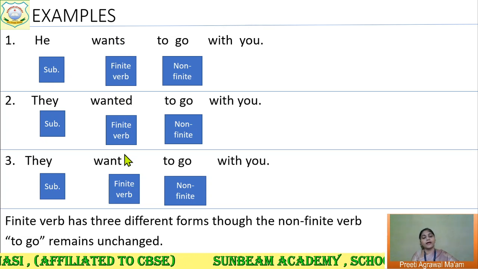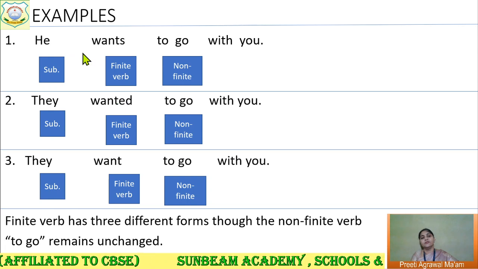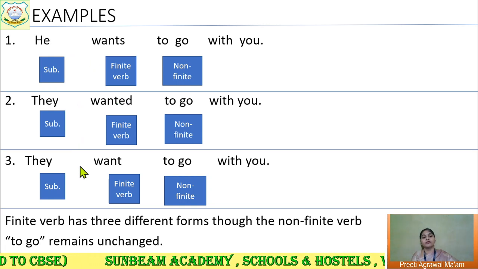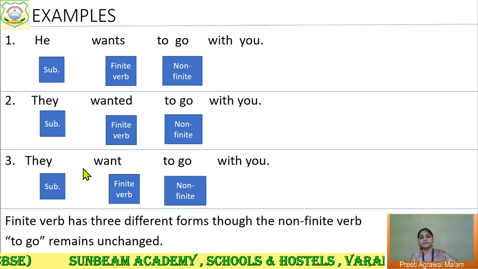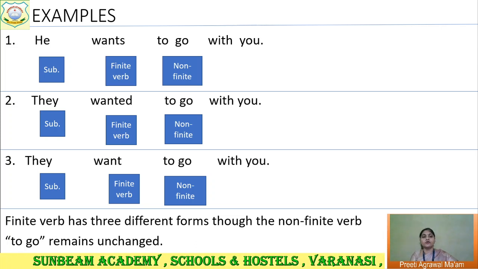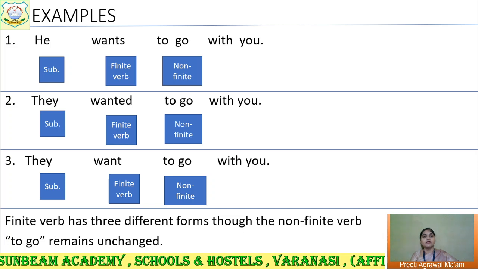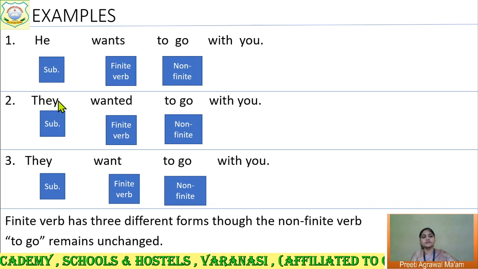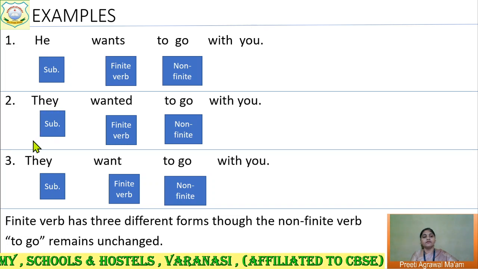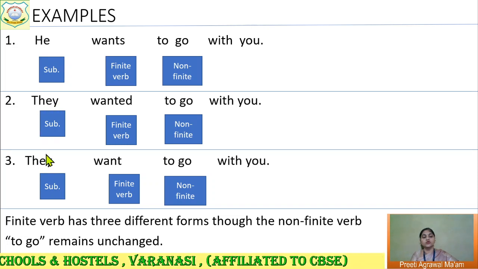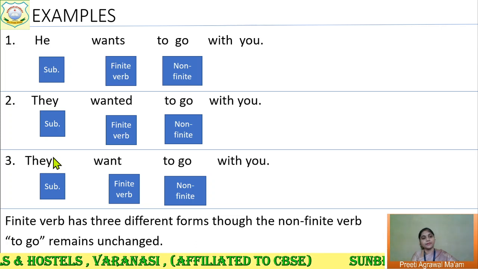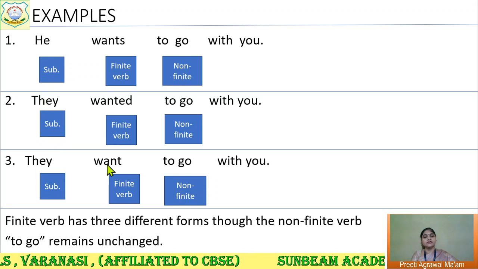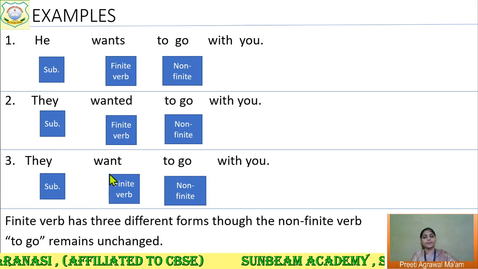There may be more kinds of finite verbs. There may be had wanted, will want, would want, many may be there. And it all changes according to the person. This is first person, this is third person. If you is written here, it can be second person. Clear? So according to the person, these finite verbs are changed.